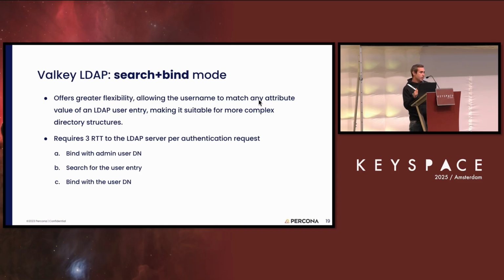So in this search plus bind mode, we can tell the LDAP module that it should first look for an LDAP entry that matches a certain condition based on an attribute, and then after finding that LDAP entry, it takes its distinguished name and then performs the bind. In the worst case, this requires 3 round trips to the LDAP server, but it allows for any kind of LDAP directory structure.